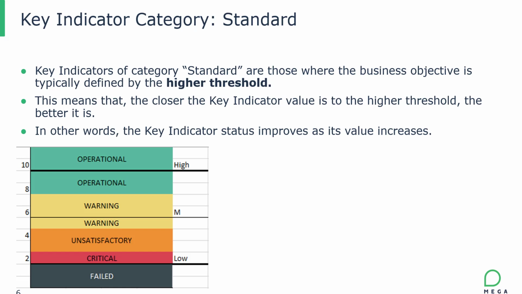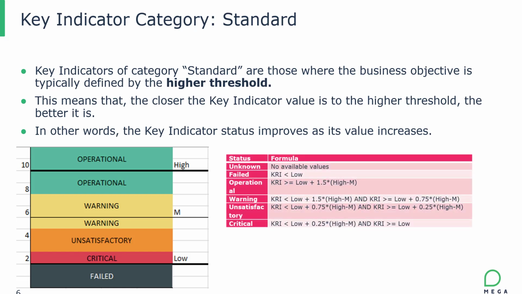into the operational status. To have a better understanding of how these intervals, operational, warning, unsatisfactory, critical, and failed, are computed, the slide also proposes the mathematical formulas that have been used.